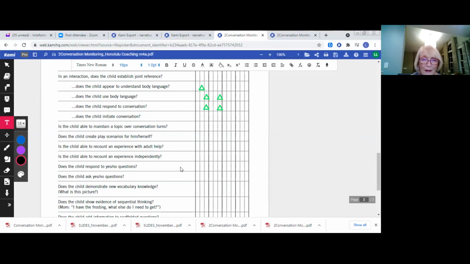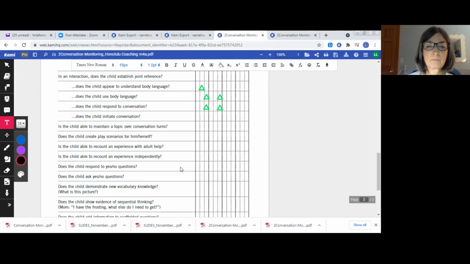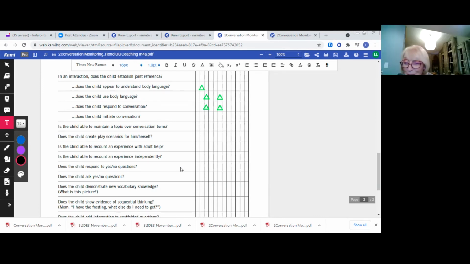Also, maintaining a topic over conversation turns. They took a turn with each of your questions. You tried to extend the conversation by helping them, reinforcing what they said.